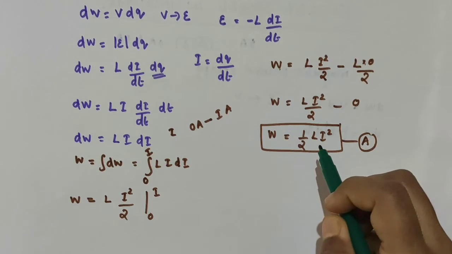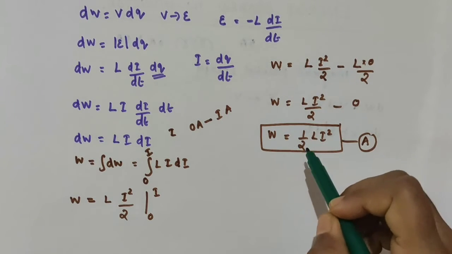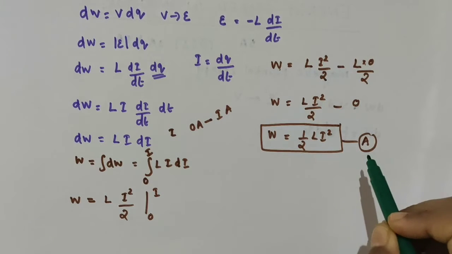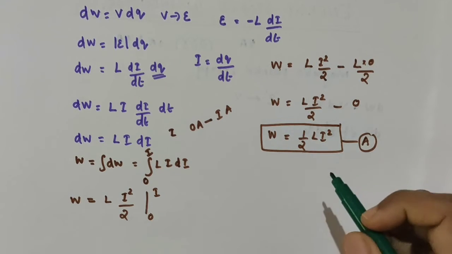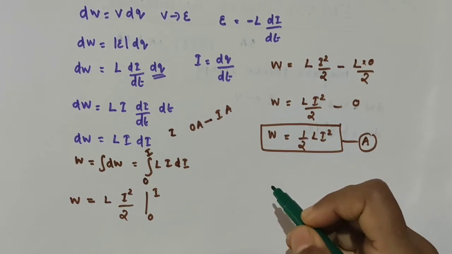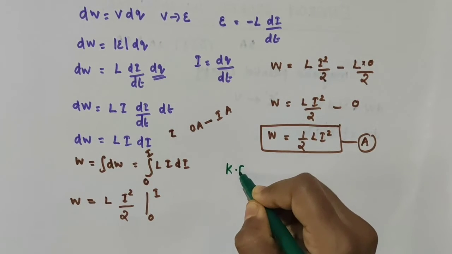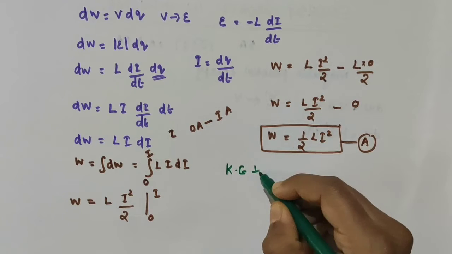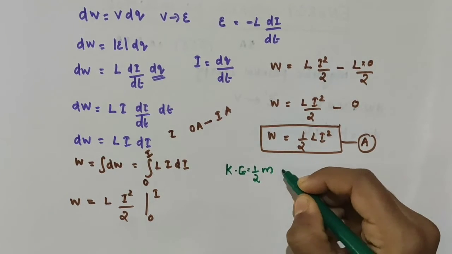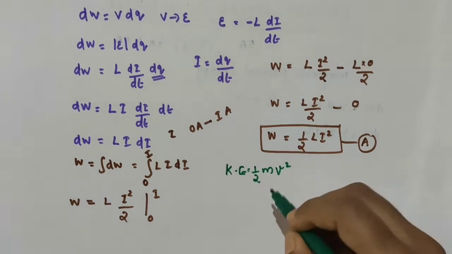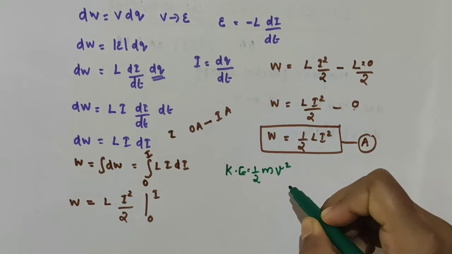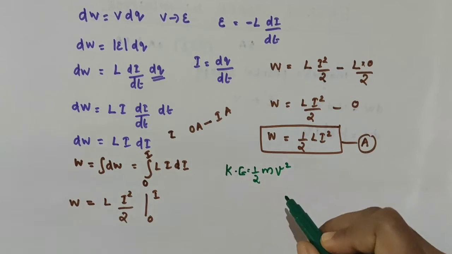Now this expression W is equal to half L I square, this expression A, is quite similar to the expression for the mechanical kinetic energy, no? What is the expression for the kinetic energy? Kinetic energy is equal to half m v square, where m is the mass of the particle and v is the velocity of that particle.